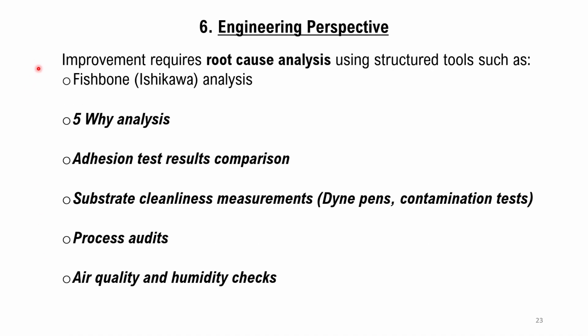Improvement requires root cause analysis using structured tools such as fishbone analysis, five-why analysis, adhesion test results comparison, substrate cleanliness measurement using the dyne pen technique or contamination test technique, process audits, air quality and humidity checks.